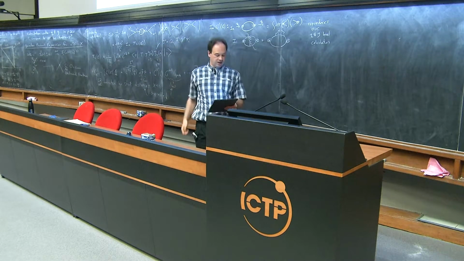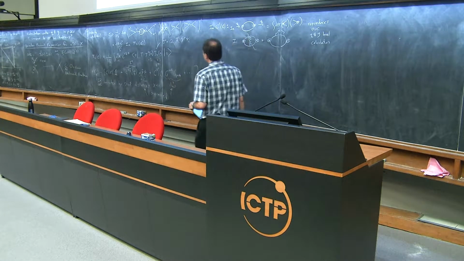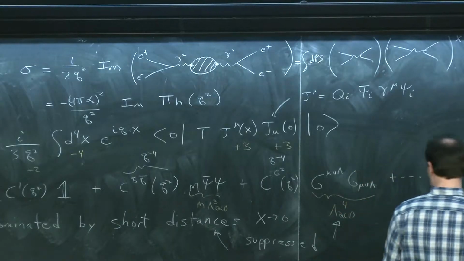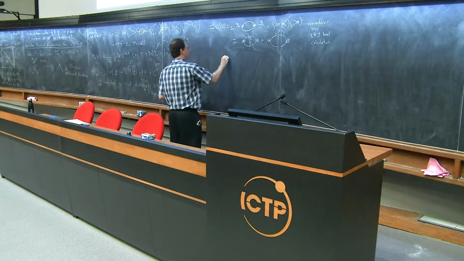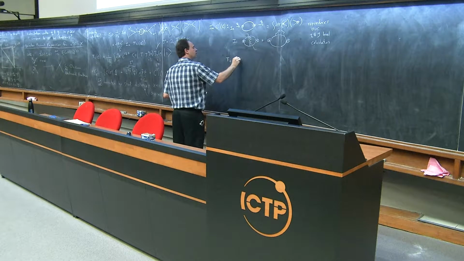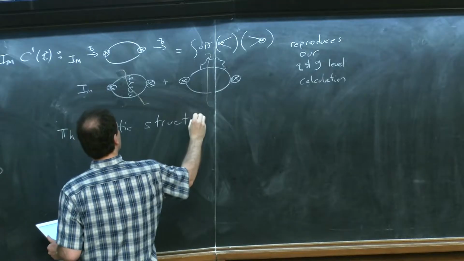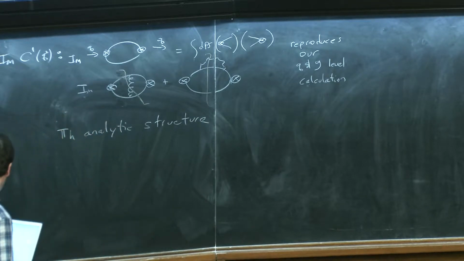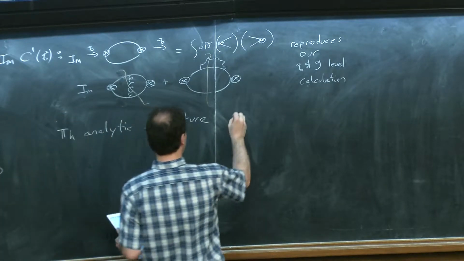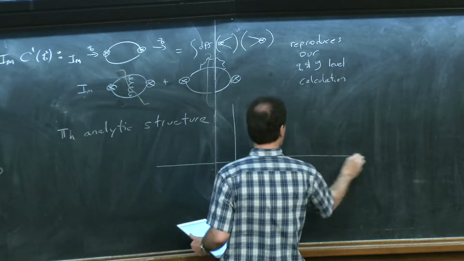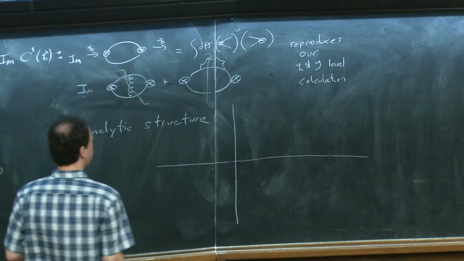Okay, so how do we address the if? To address the if, in this case, we can study the complex structure of this vacuum polarization. What is the analytic structure of this? So we look in the complex Q-squared plane, at the analytic structure of pi h.